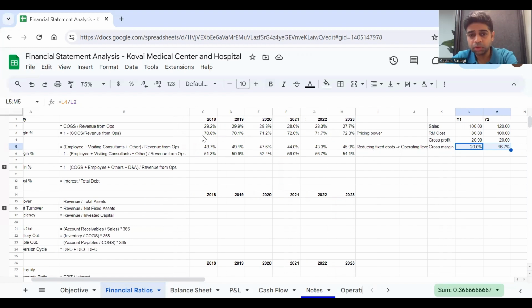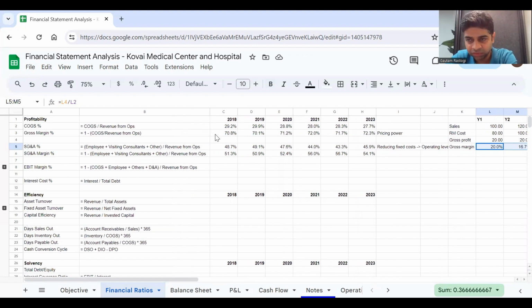Although obviously, if the cost to provide a service or a medical treatment remains more or less constant over this time frame, and the gross margin is increasing, then you can definitely conclude that this hospital or company was able to charge higher for its treatment.